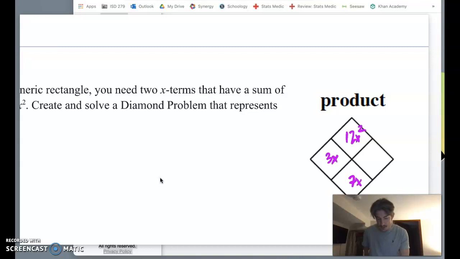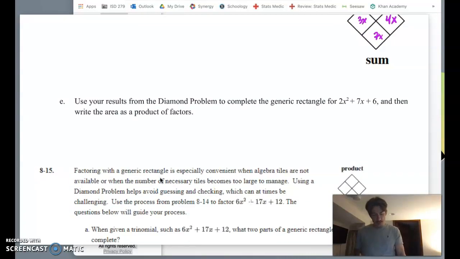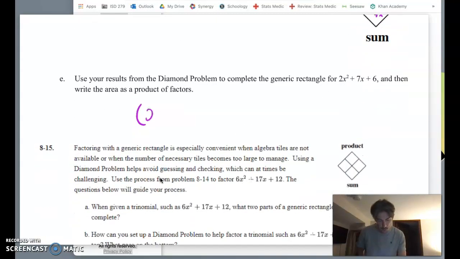Now use your results from the diamond problem to do the factorization. It is 2x plus 3 and 1x plus 2. And that's the way that one is going to look.